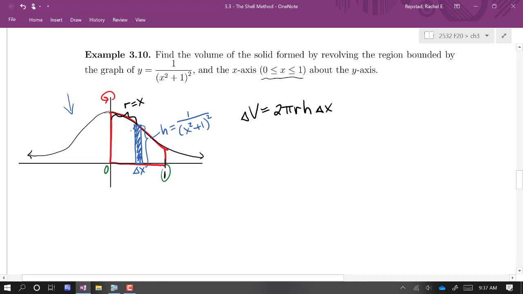We imagine that we've drawn this rectangle at some arbitrary x coordinate, and so the distance from that rectangle to the y-axis is x. And so this becomes 2 pi x times the height, which is 1 over the square of x squared plus 1 times delta x.